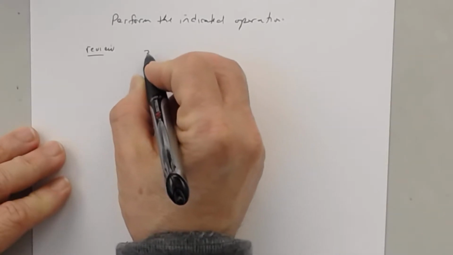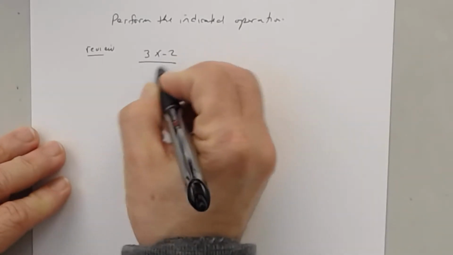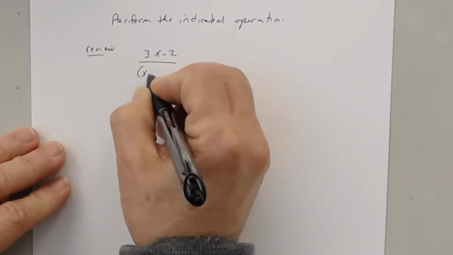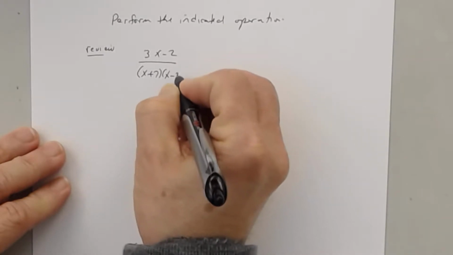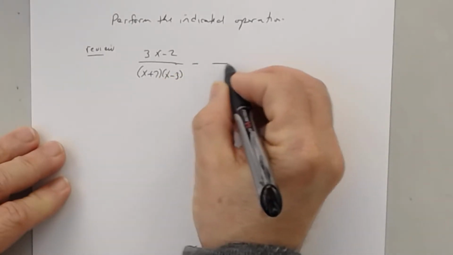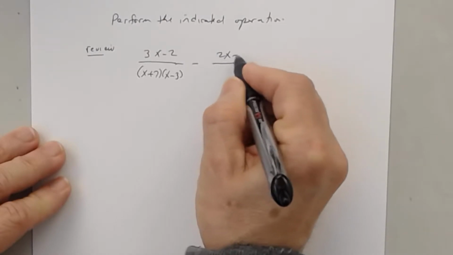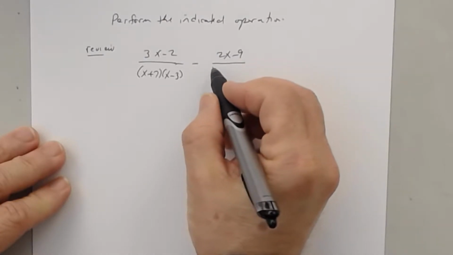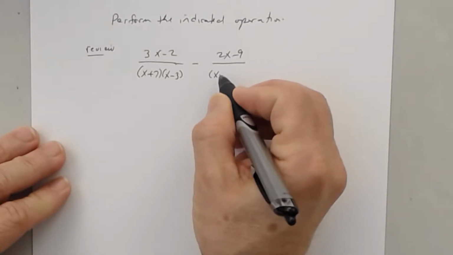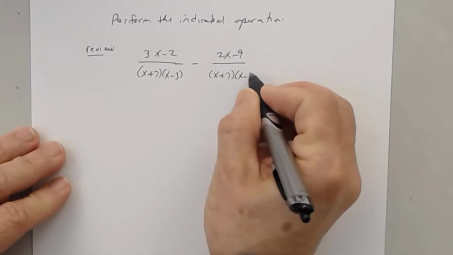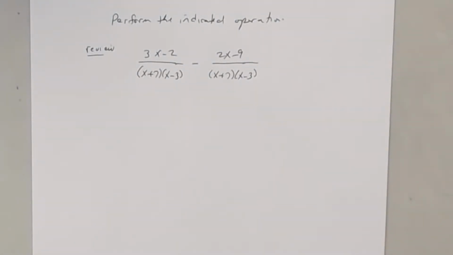You have (3x - 2) divided by (x + 7)(x - 3), and you're subtracting (2x - 9) divided by (x + 7)(x - 3). So we talked about that last class period.